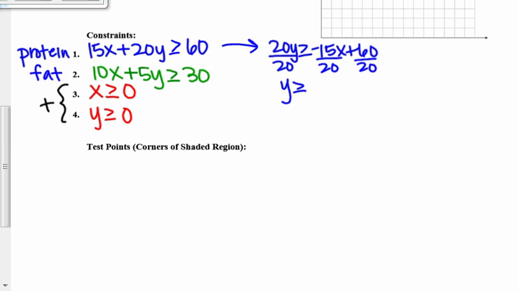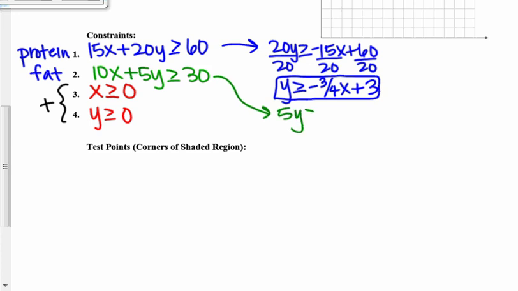Negative 15 over 20 reduces to negative 3 over 4. 60 over 20 is just 3. So here's one equation of one of my lines. And then the other one, when I subtract 10x, I get 5y is greater than or equal to negative 10x plus 30. Divide by 5. That'll all go in really nicely. I get y is greater than or equal to negative 2x plus 15.